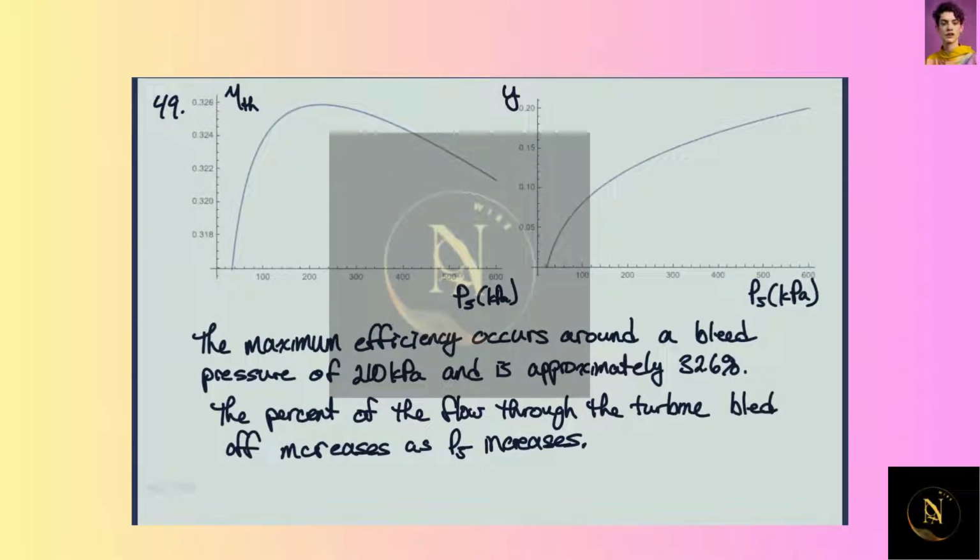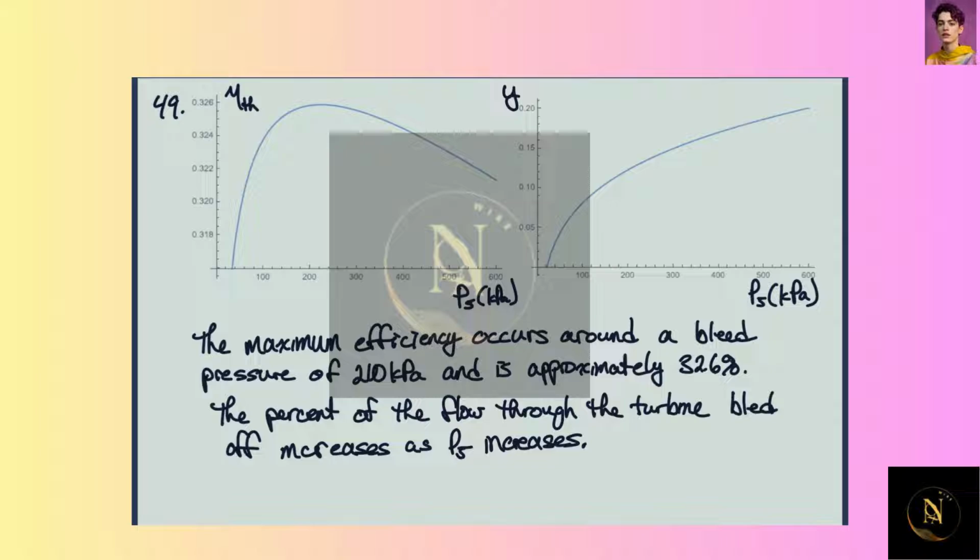So what I did here is I just looked at the effect of this bleed pressure on various different parameters in the system. Number one, the efficiency. You can see the efficiency, on this scale, doesn't change a lot over this range. I think I went from, let me see, what was my range here exactly?